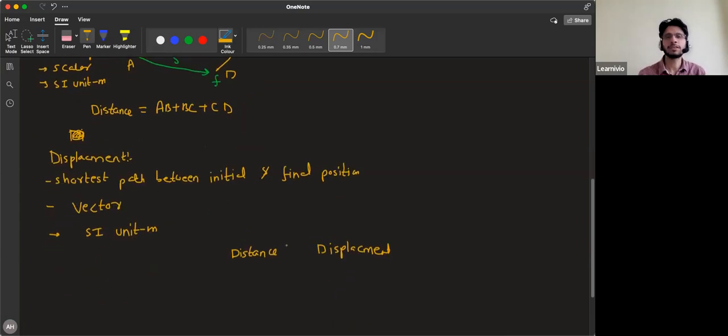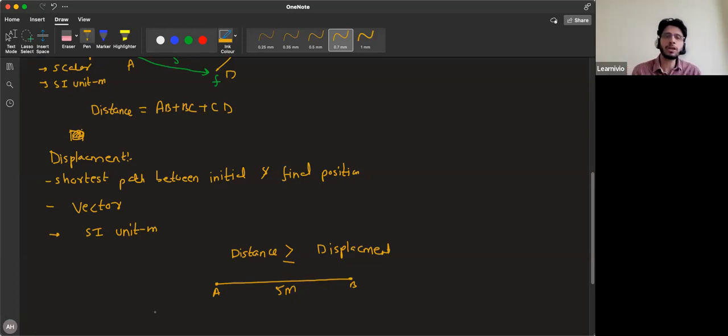See, in general, distance can be greater than or equal to displacement. But if your motion is in a straight line, like a body is moving from here to here, and if I call this 5 meter, what is the actual path? Actual path is 5 meter. What is the shortest path? Shortest path is 5 meters.